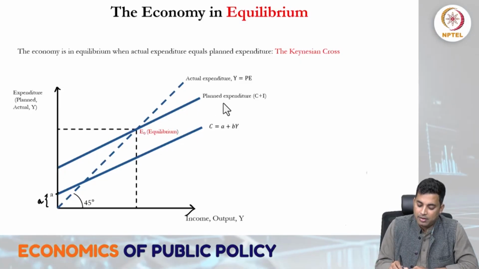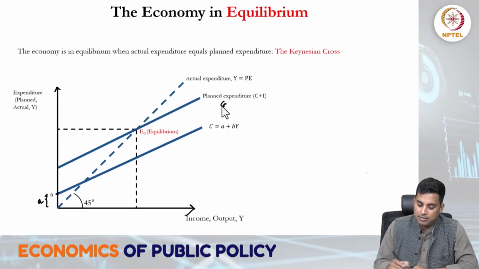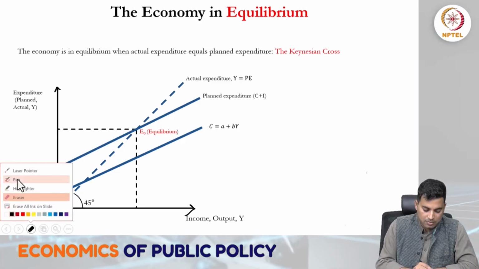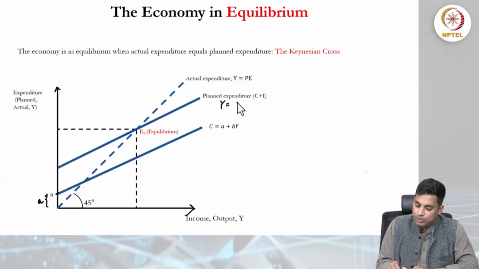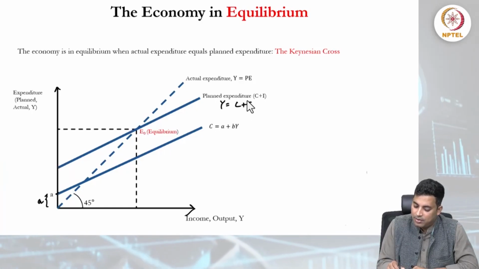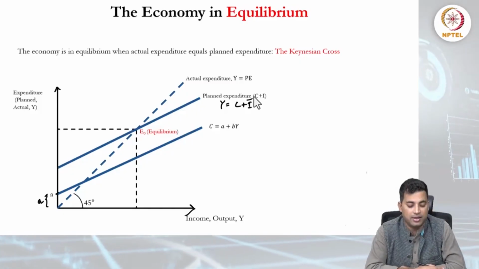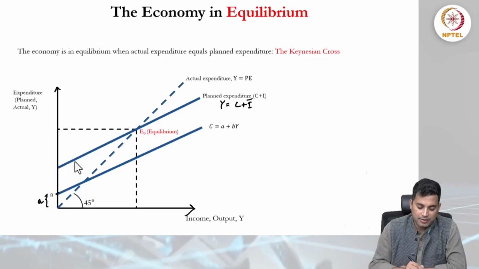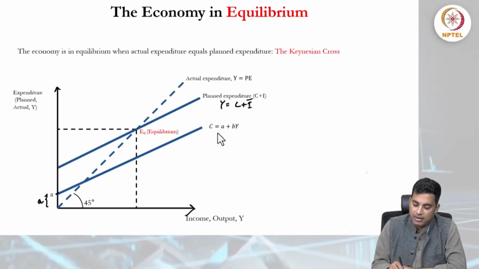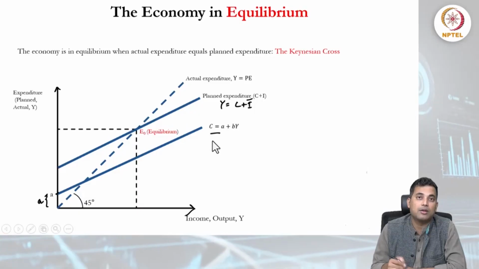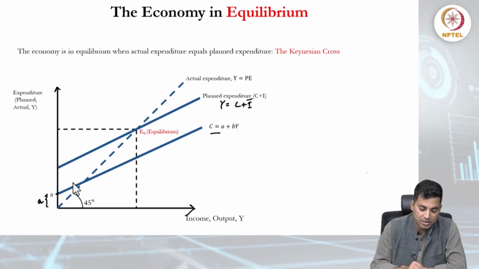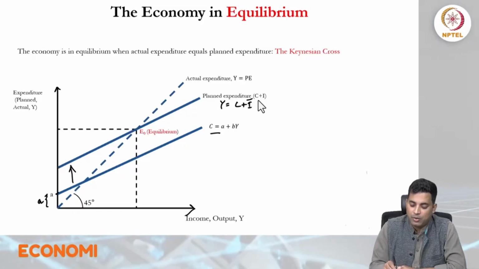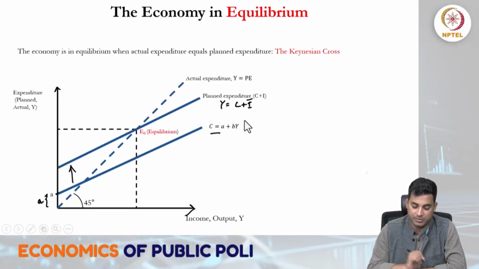So here, if we consider Y equals C plus I, and I, for instance, is kept constant from the planned investment point of view, then this consumption expenditure line will shift parallel, and that is basically the planned expenditure, which includes planned investment as well.